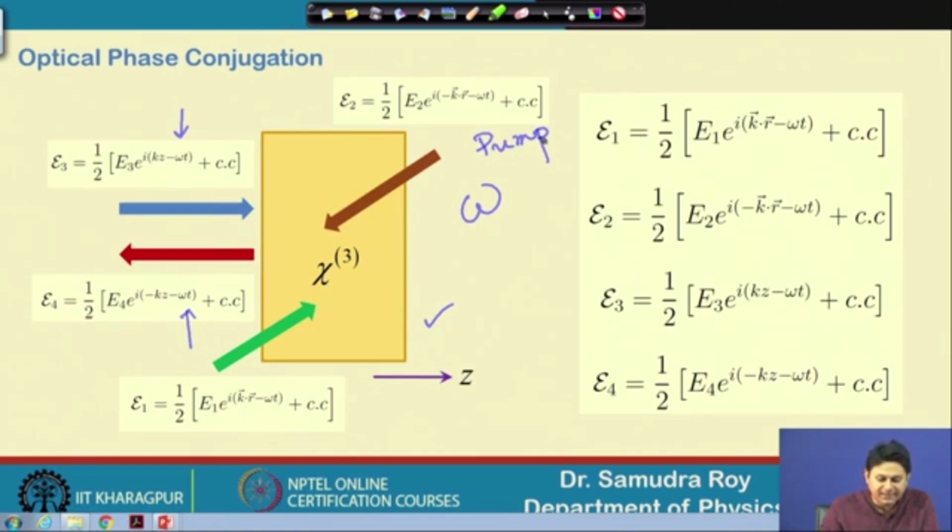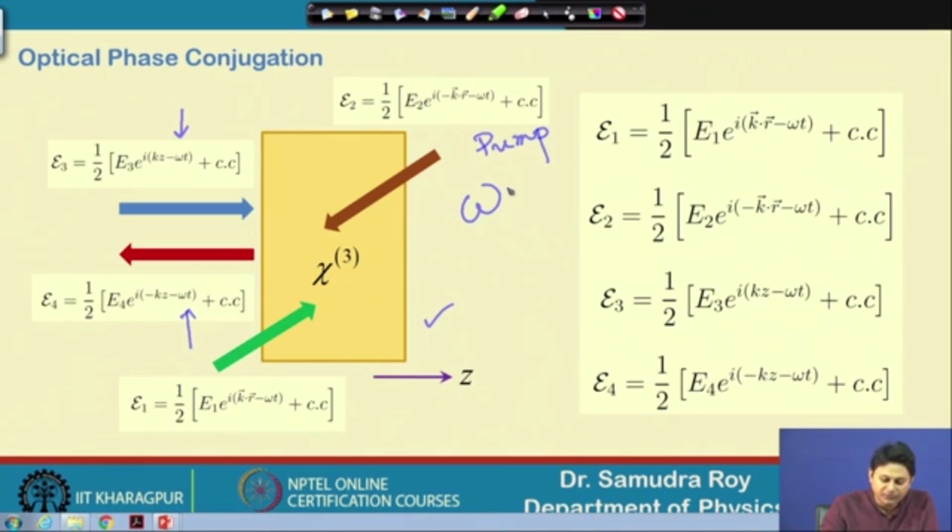But the important thing is that this is not in the direction of z, but in some arbitrary direction, and the other wave is moving in the opposite direction. So, in one case I write k dot r minus omega t, since this is an arbitrary direction I cannot write kz minus omega t, because it is not in the z direction at all, you can see that. In the other case it is minus k dot r minus omega t.